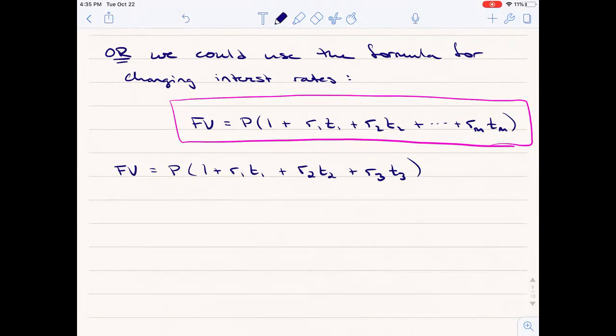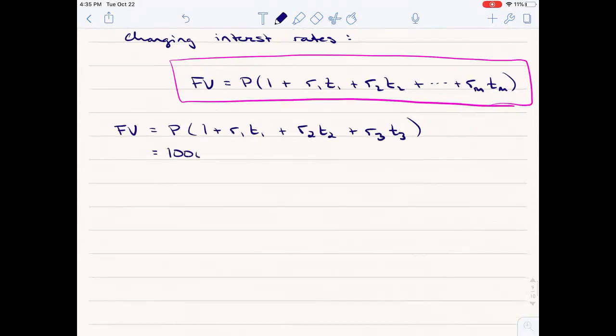P, we said, was 1,000 for all of these, so 1,000 is our P times 1 plus 0.05 times each of these T's in this question, which are 4 over 12. But that's not always the case.